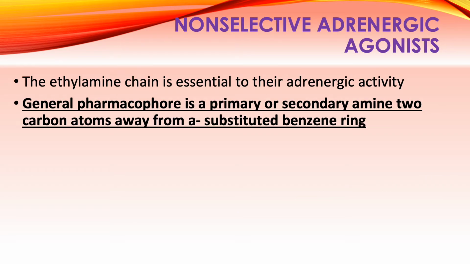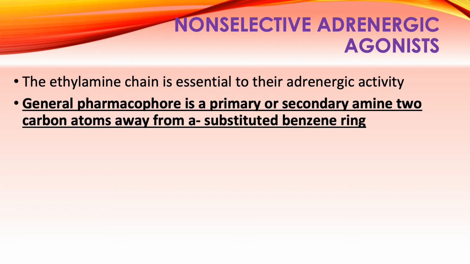Our adrenergic agonists act as non-selective, as mentioned in our previous topic, if they contain a beta-phenylethylamine chain. We have already discussed it in a robust lecture in the previous videos. Beta-phenylethylamine is the main structure needed for our drug to elicit non-selective adrenergic agonism.